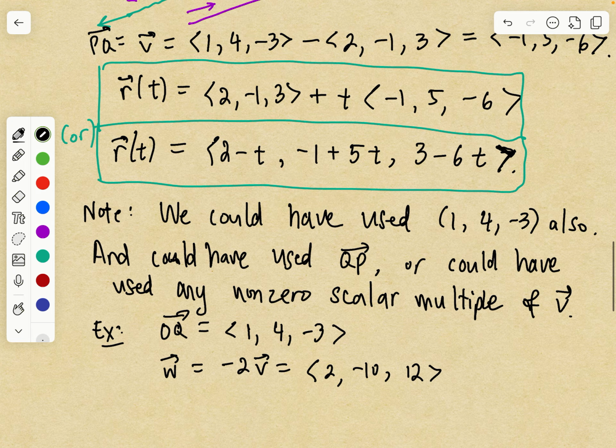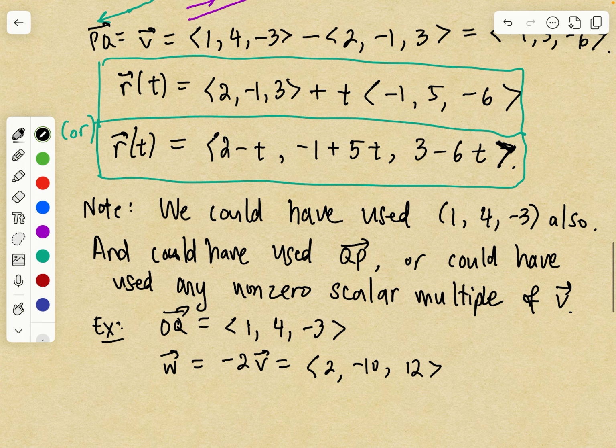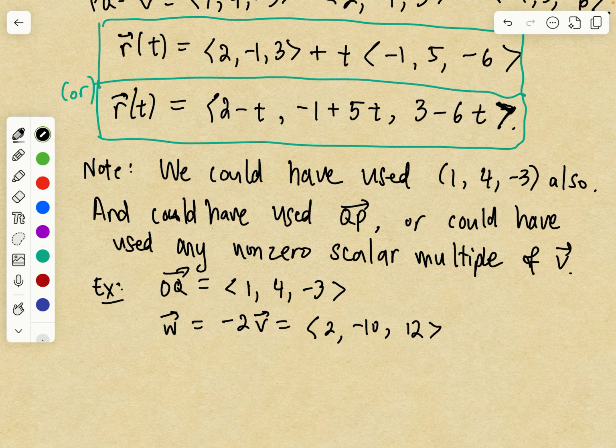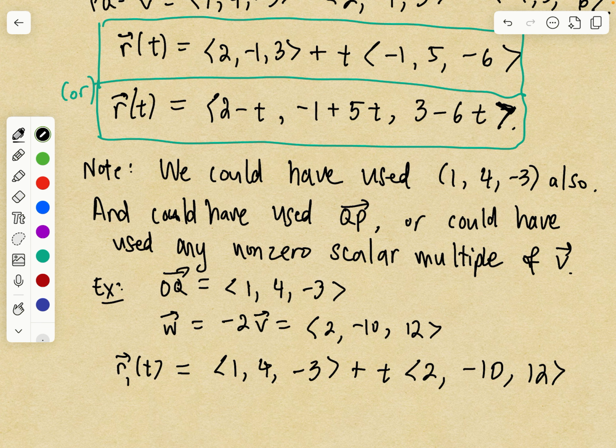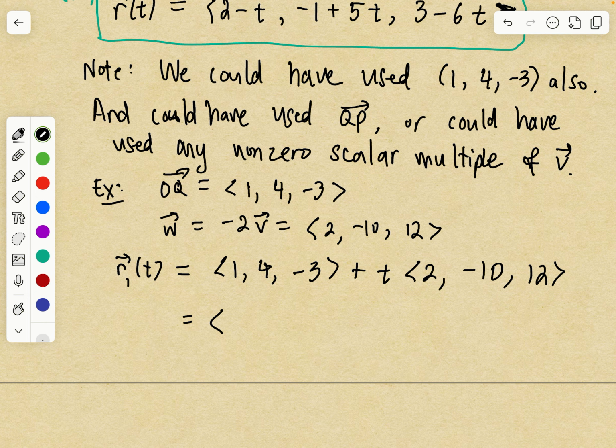You multiply each of those components by -2, you get this. And then instead of r of t, maybe r1 of t, to indicate that's a second r of t. So you could have gotten 1, 4, -3 plus t times 2, -10, 12. And then you would have gotten 1 plus 2t, 4 minus 10t, -3 plus 12t. Now this is also correct.